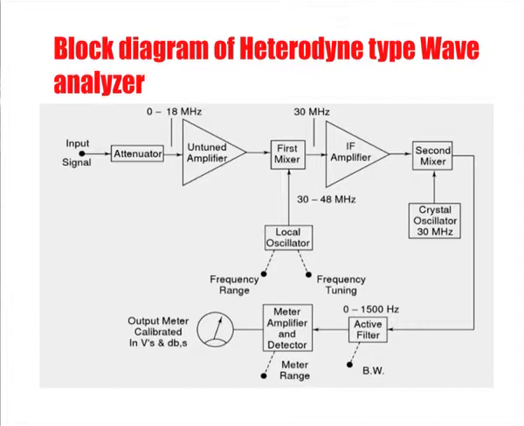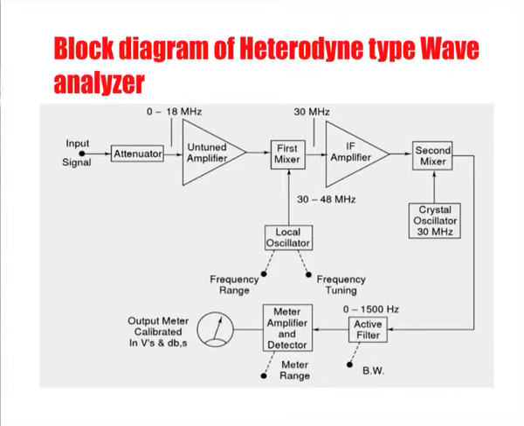The frequency generated by the local oscillator is basically from 30 to 48 megahertz. The frequency of this local oscillator can be set using the frequency range switch. Now, the local oscillator frequency and the input frequency are fed to the first mixer, which mixes both frequencies.